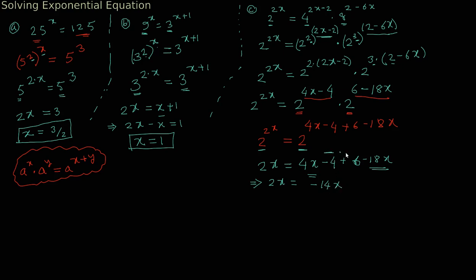Here I have negative 4, here I have positive 6, so it will be positive 2. Alright, so now let's bring negative 14x to the left hand side. So I have 2x plus 14x equals 2. I have 16x equal to 2, so I have x equals 1 over 8. So this is the solution for this particular problem.